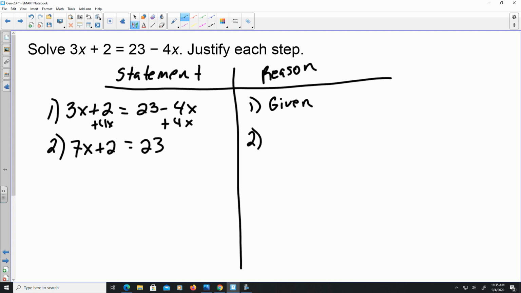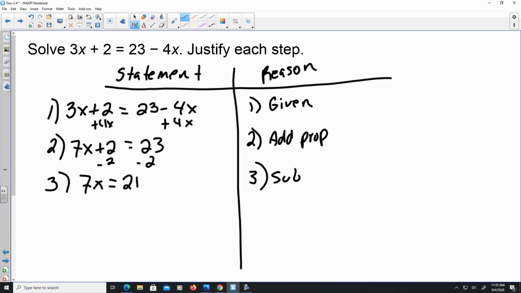My reasoning, because I added, is going to be the addition property of equality. Next, I'm going to subtract 2 to both sides. So now I have 7x is equal to 21. And because I subtracted, the next reasoning is the subtraction property of equality.